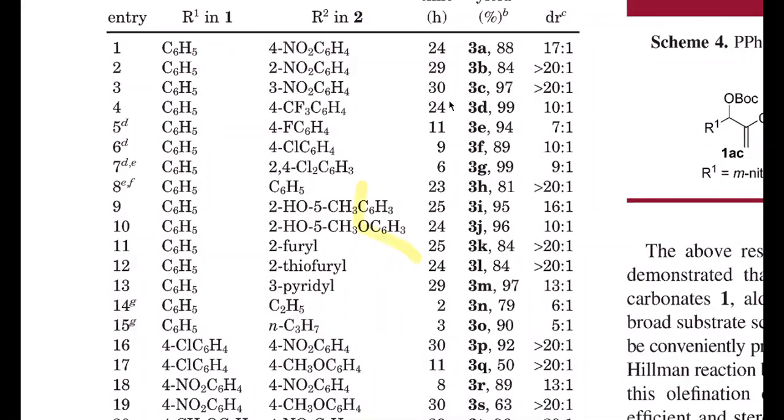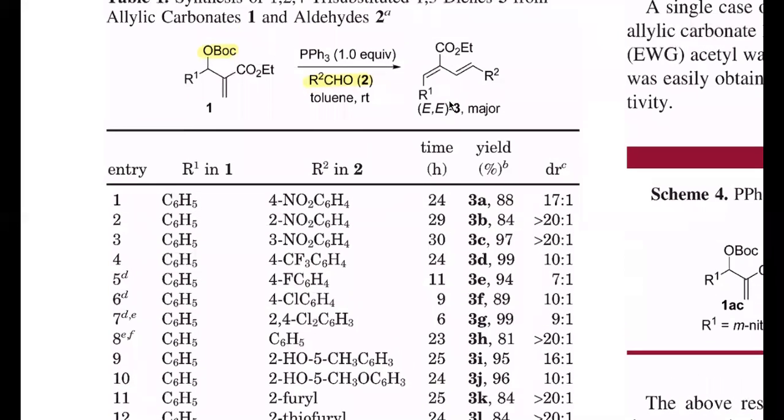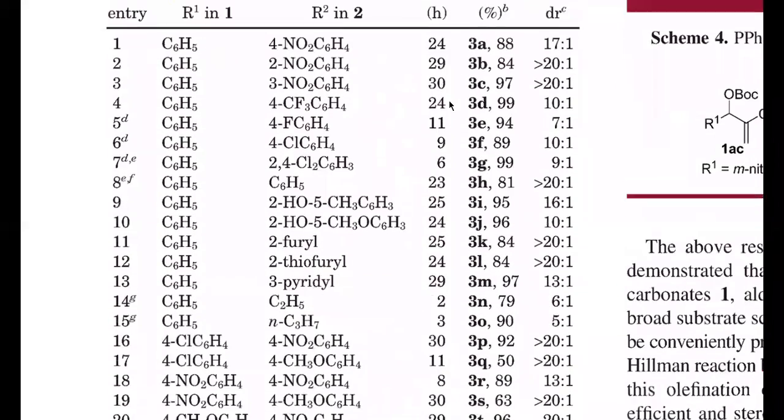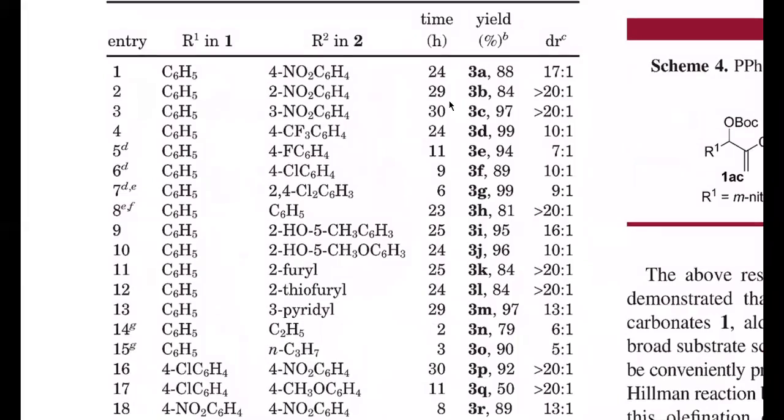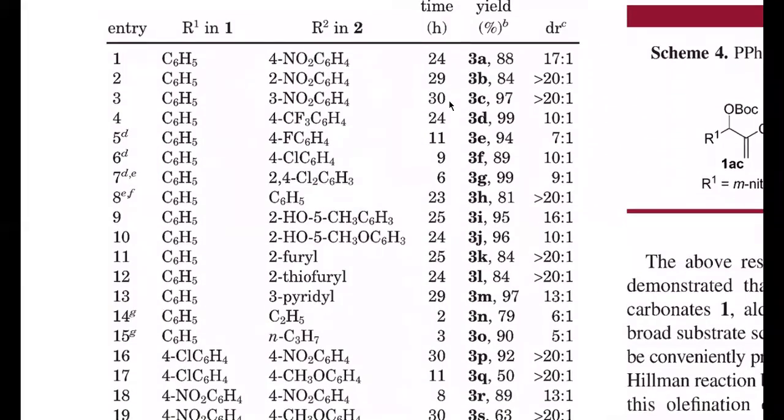And then they also tested this R1 group. So they're changing this group and they're changing the substituent on the aldehyde at the same time, right? So notice in the table for R1, they did 15 trials or 15 different reactions, where they left R1 as just an aromatic ring.